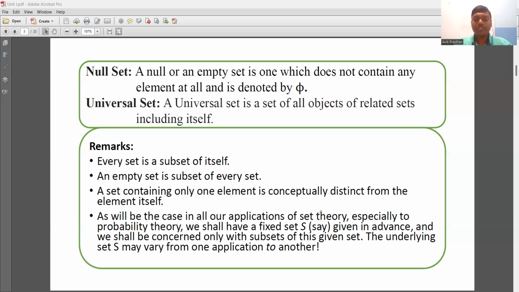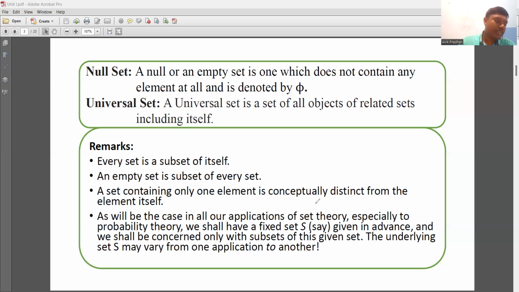Now, the last remark. Here in our probability theory, we will think about the sample space, which should be defined in advance, and we should be concerned only with the subsets of that given set.